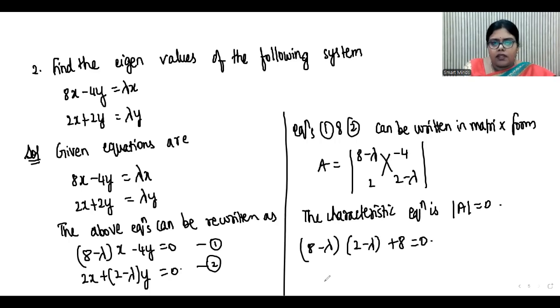Open the brackets, you will get 16 minus 8 lambda minus 2 lambda plus lambda square plus 8 is 0. So lambda square minus 10 lambda plus 24 is 0.